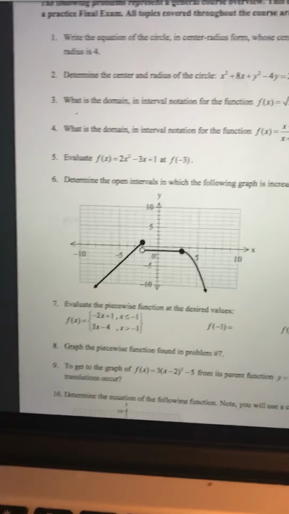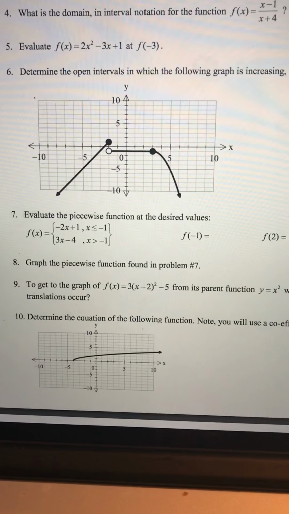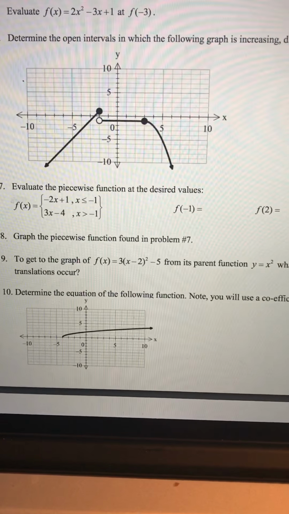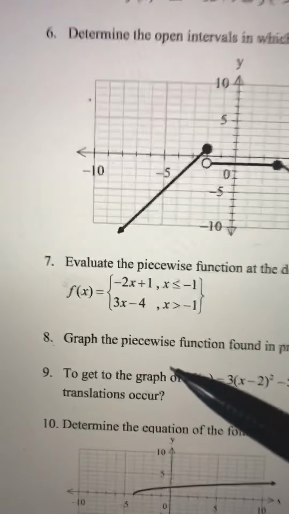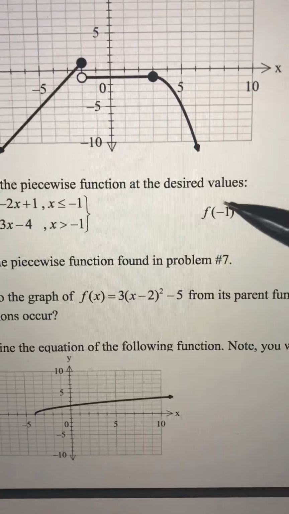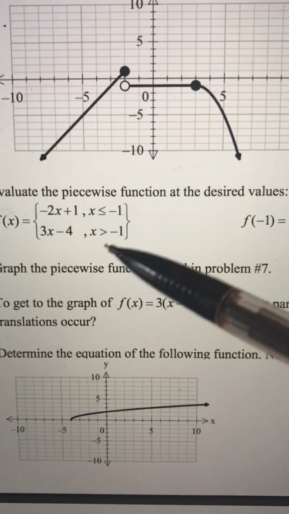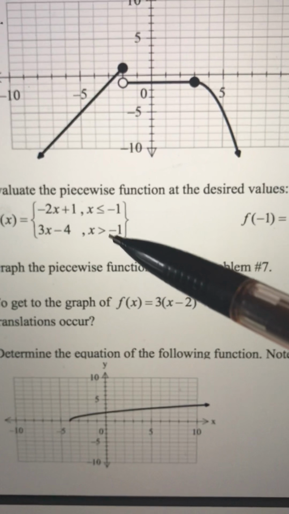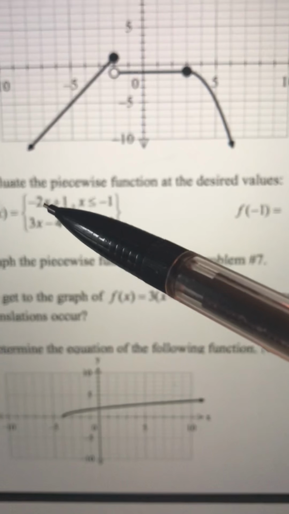All right, number 7. Evaluate the piecewise function at the desired values. Here what you want to do is look at this being a value of x, and this telling you what interval of values of x you use that piece.